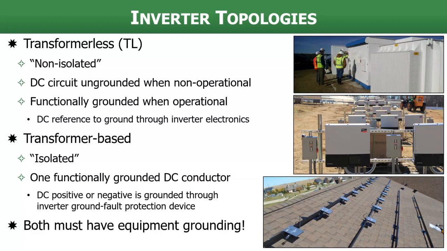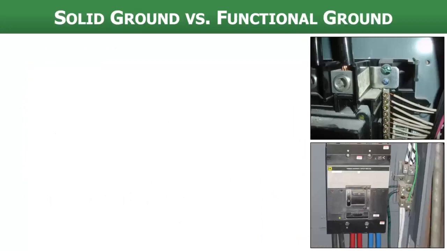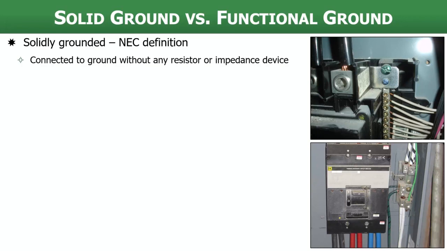Both types of inverters have to have equipment grounding, and so that's really important to keep in mind. Again, we'll talk more about grounding in the next unit. So I want to talk a little bit about solid grounding versus functional grounding. Solidly grounded per the NEC definition means that something is connected to ground without any resistor or impedance device, which in this case would be like a fuse.